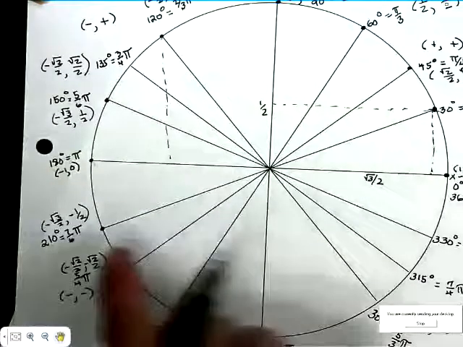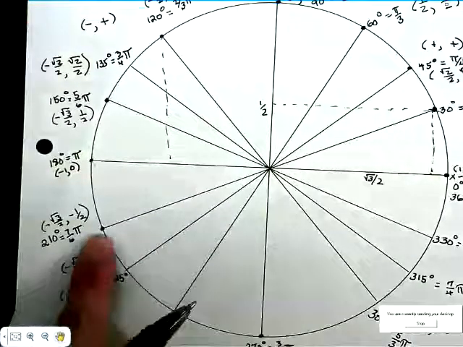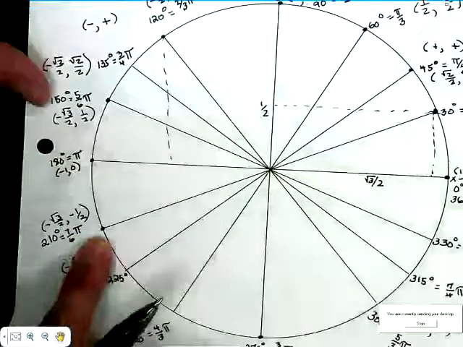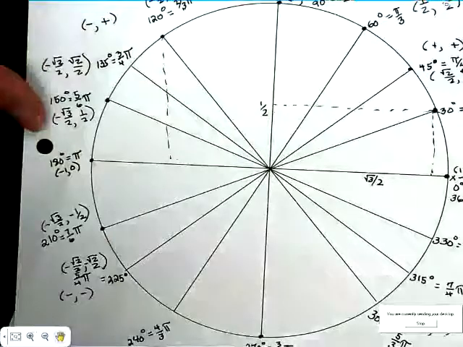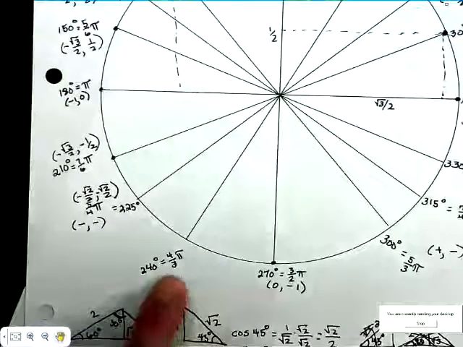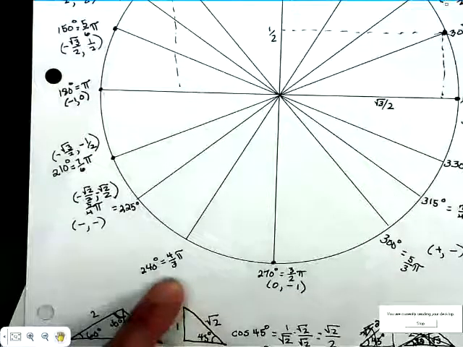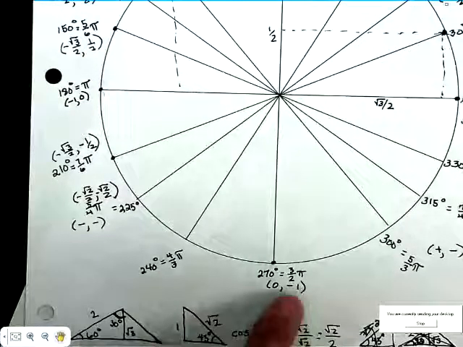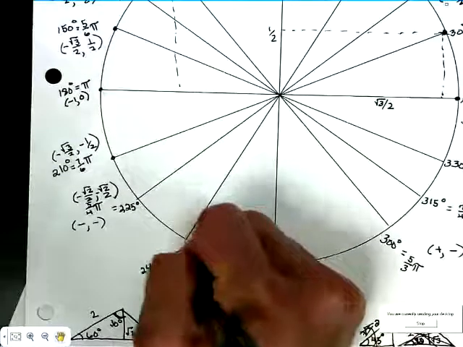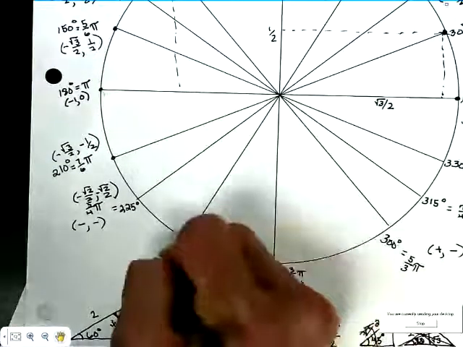That's this point. And then at 240 degrees, or 4/3 pi, is it the x or the y that's closer to being -1? The y is close to being -1. The y is negative square root of 3 over 2. The x is -1/2.